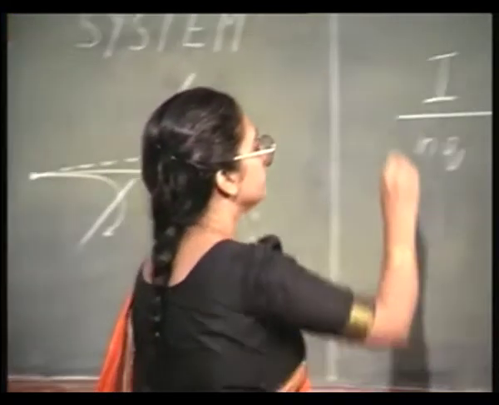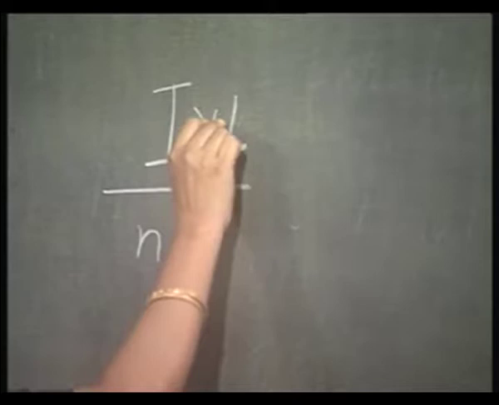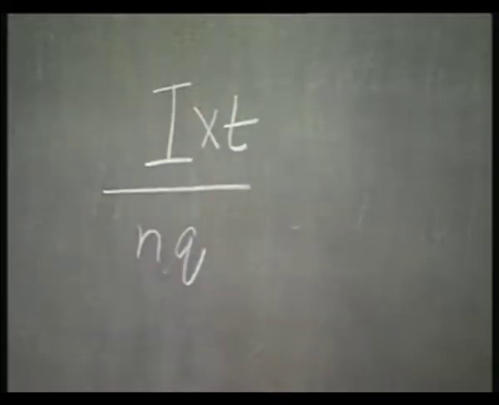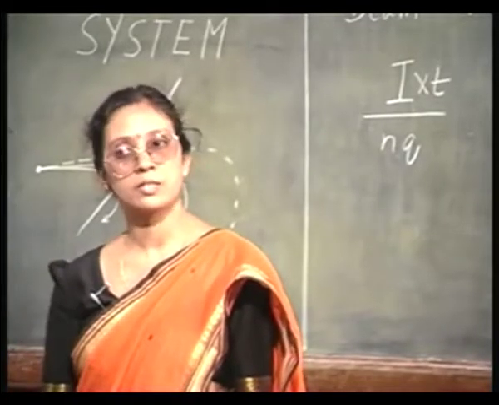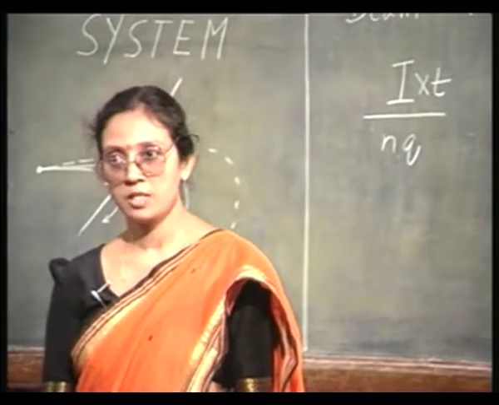So, if I carry out implantation for a time t, then I times t divided by n times q is the total number of ions that have hit the semiconductor surface, right.